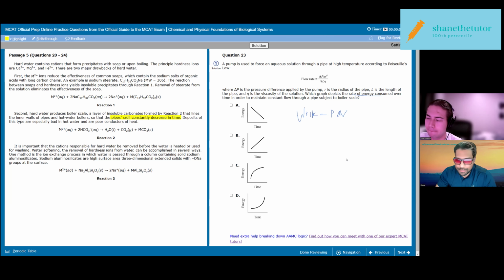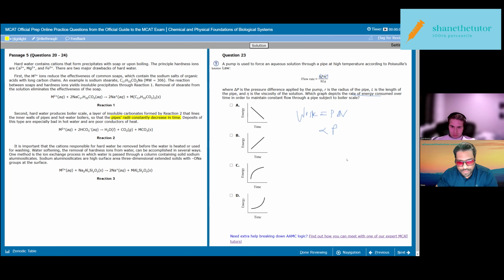Okay, that means that work is proportional to pressure, maybe delta pressure, and radius is inversely proportional to that change in pressure, right? So the radius decreases, the change in pressure increases, which means the energy increases.